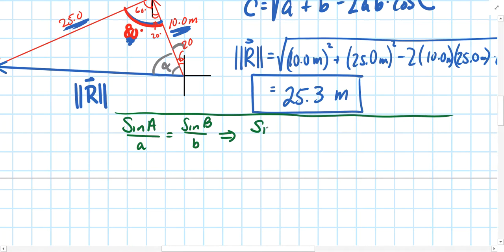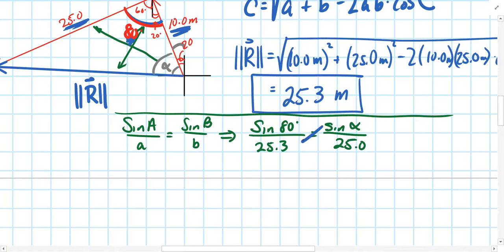I might say something like this, that sine of 80 degrees over 25.3, since these two values are across from one another, must be equal to sine of alpha, this angle measure, which is across from 25.